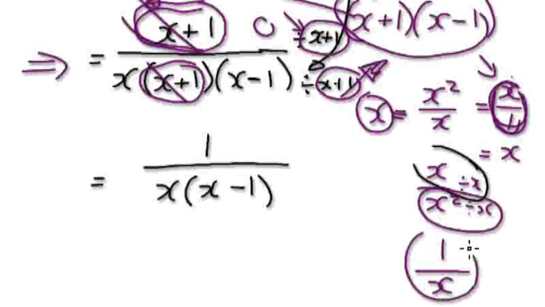Here, when you have this, it has to be 1 over x. It doesn't just kill off. If you have something like x times x, it doesn't just get killed off like this. It actually becomes 1 over x.